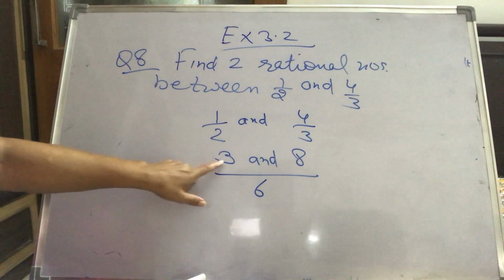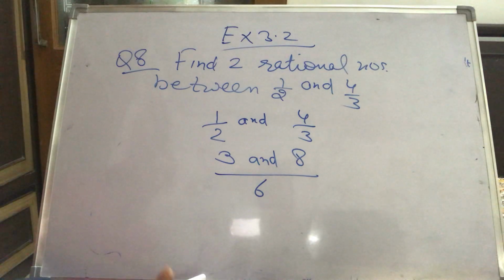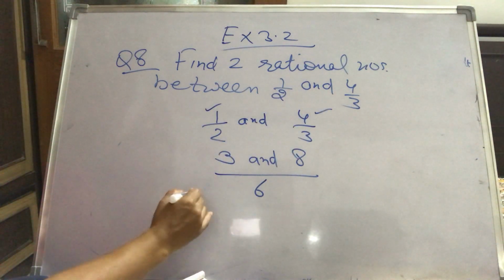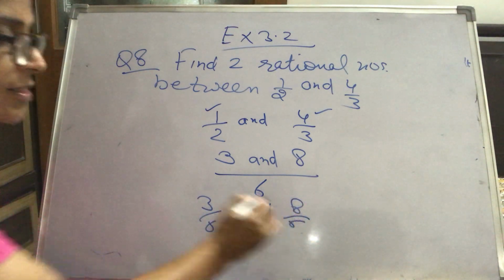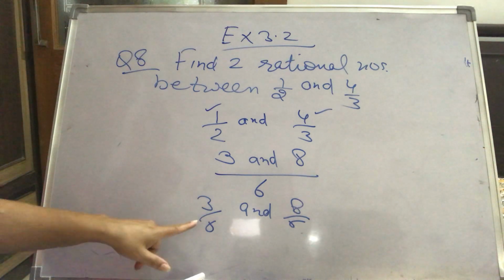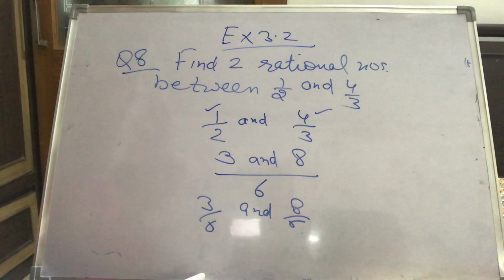Here the numerators will be 3 and 8: 6 divided by 3 is 2, 2 fours are 8. Now, these two rational numbers can be written as 3 upon 6 and 8 upon 6. These are the rational numbers equivalent to 1 upon 2 and 4 upon 3.